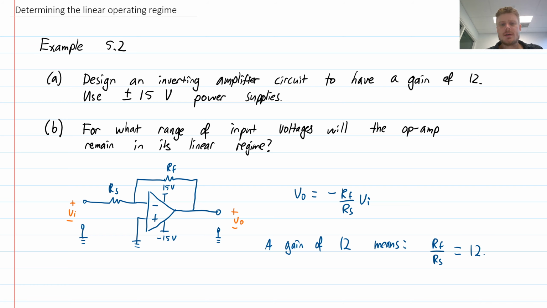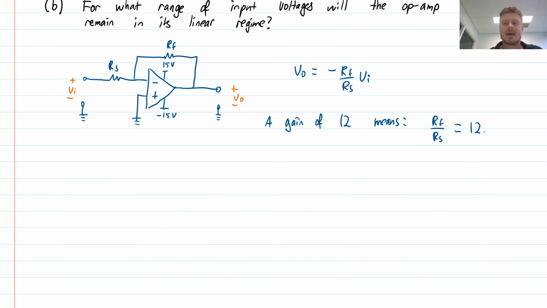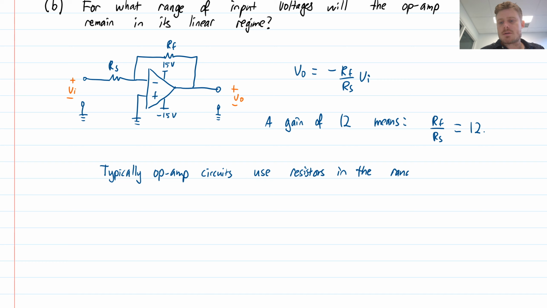Now, of course, that's one equation with one unknown, so we actually need more information to fully specify our values. For that purpose, we can choose this fairly arbitrarily, like the precise values don't actually matter. But typically, op-amp circuits use resistors in the range of kilo ohms.